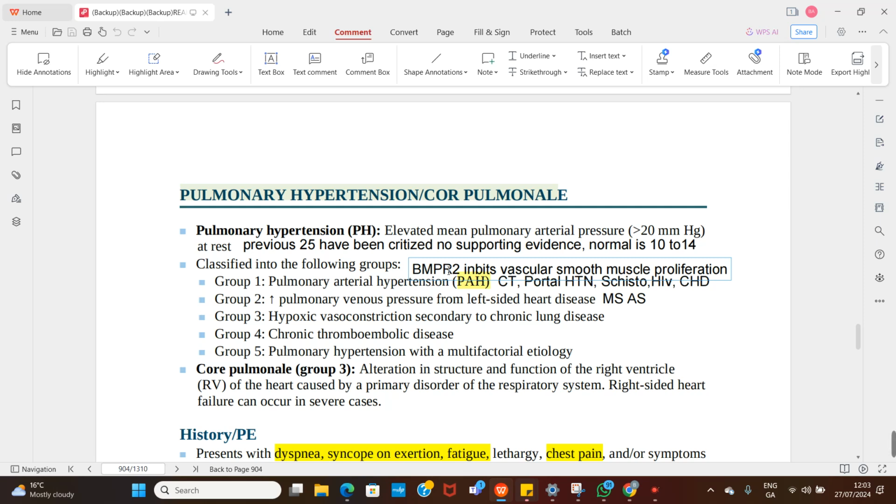And the major function of that receptor is to inhibit vascular smooth muscle proliferation. So once you have a mutation of that receptor, you don't have any control over vascular smooth muscle proliferation. So you have an abnormal proliferation of the vascular smooth muscle, which can occlude the lumen of the pulmonary arteries, leading to hypertension. So that's the commonest.